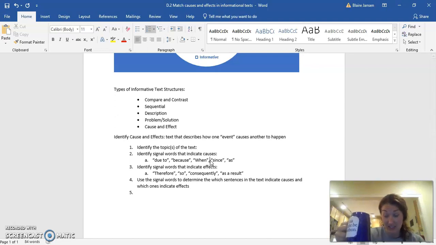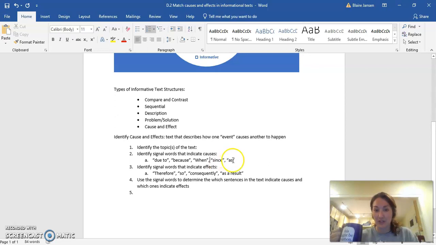When Miss Jansen spilled her tea, since Miss Jansen spilled her tea, because Miss Jansen spilled her tea. These would all be appropriate words to kick off me telling you that I'm giving you the cause of what's about to happen. The same way, effects have signal words. Some examples of those are therefore, so, consequently, as a result.